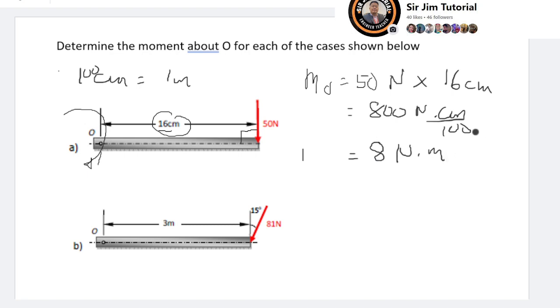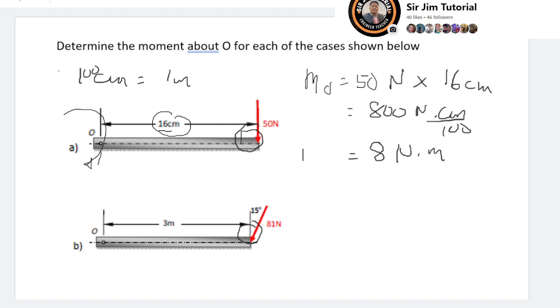This is just a basic conversion: Newton meter. Take note that it is always the force that has a perpendicular distance. In this case, there is no perpendicular distance here, I should say there's no perpendicular angle.